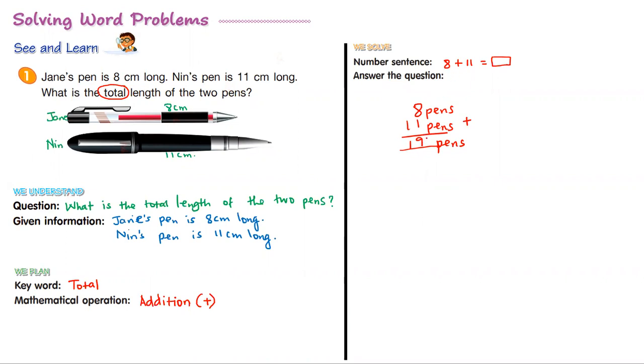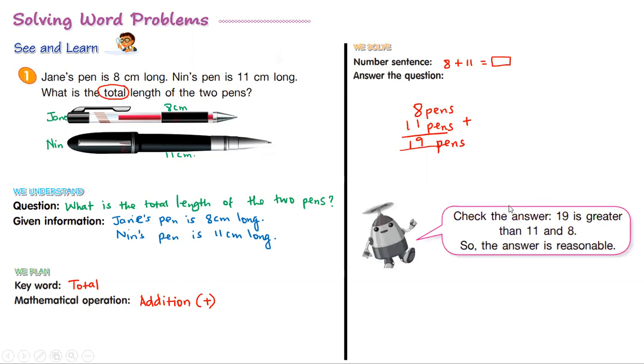So 19 is bigger than 8 and 11. Okay, so our answer is reasonable. Therefore, the total length of the two pens is 19 centimeters long.